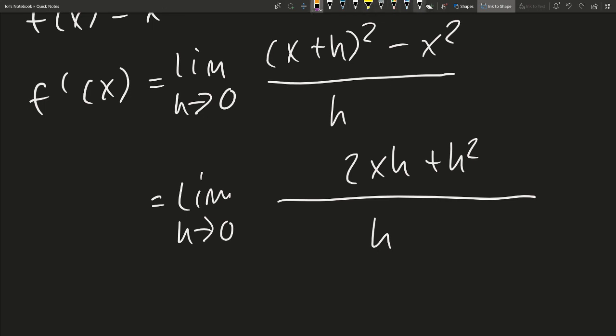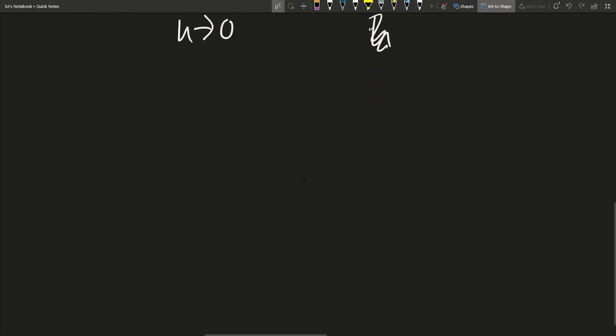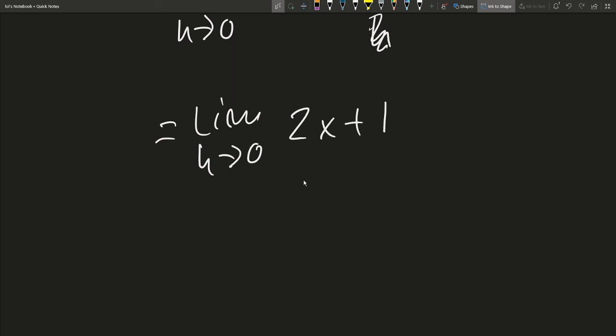And then we're just left with this expression. So we can just divide through by h. Dividing this by h gives us 2x, and dividing h squared by h gives us h. So we're left with the limit as h goes to 0 of 2x plus h.